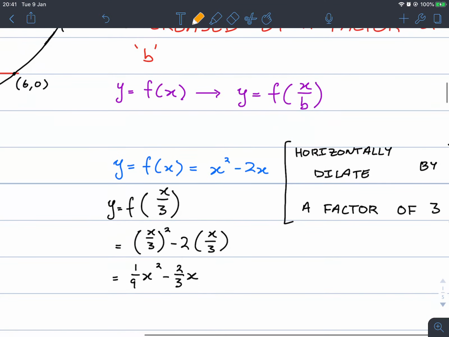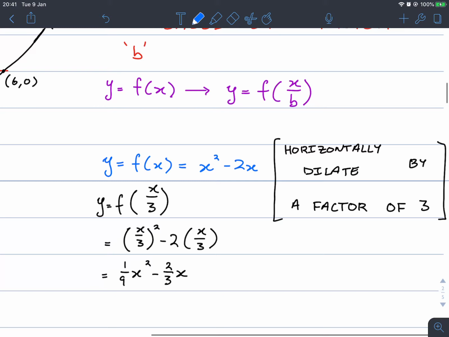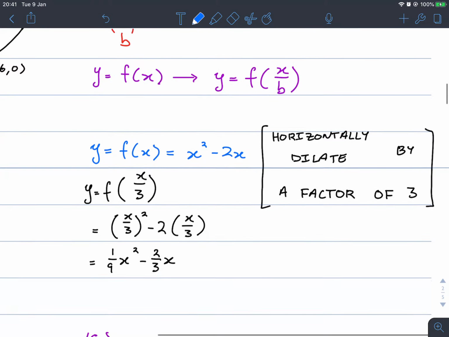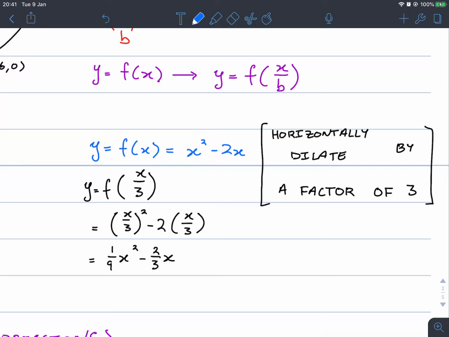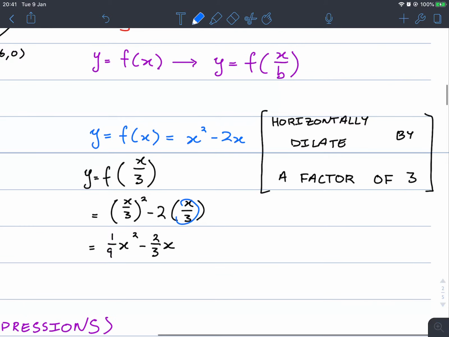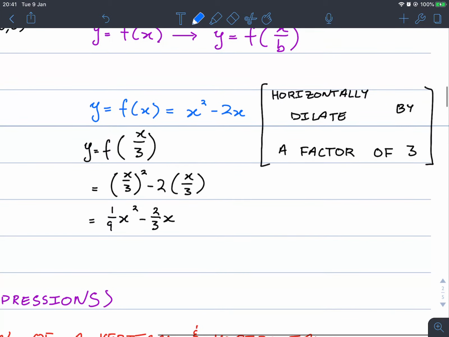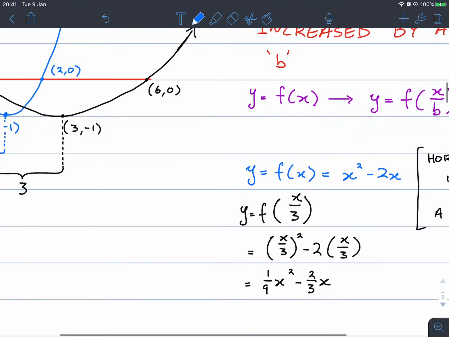So let's show this algebraically. We have the function x squared minus 2x. If we replace x with x over 3 and substitute it into the function, so here's my function, x squared, and we're replacing it with x over 3, as well as 2x with x over 3, we get the function 1/9 x squared minus 2/3 x.